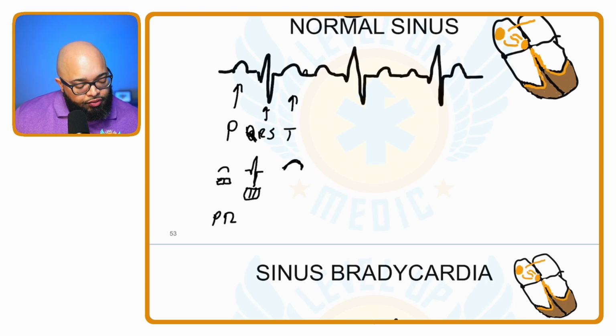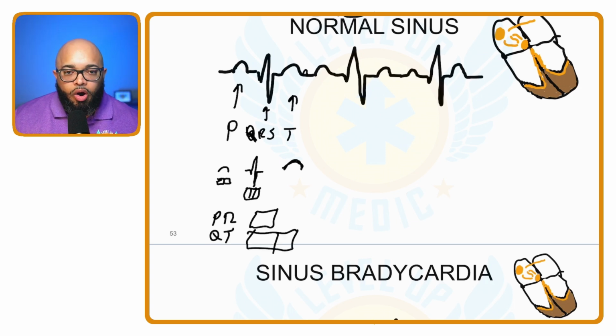The PR interval should be less than 1 big box, and the QT interval should be less than 2 big boxes, or if the rate is fast, it's going to be 1/2 the R to R interval. Got it? Those are all the criteria for normal, okay?